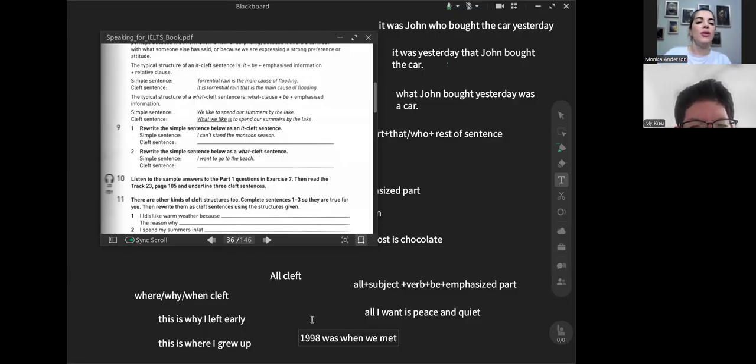Was when we met. So that's really easy. The structure is, okay, this is why, this is where, or for example, because of when. So we can say that cleft sentences are not required in IELTS, I mean, you know?